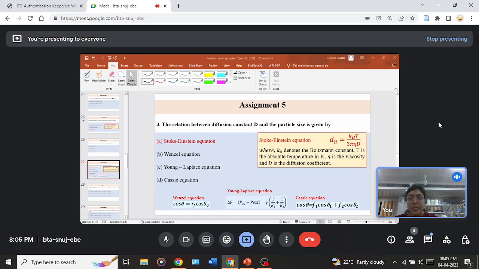Option B, that is Wenzel equation. If you go through the week 3 course content and revise it, you will find this particular equation, Wenzel equation. The Wenzel equation is given by cos theta is equal to Rf cos theta naught, in terms of wettability, and Rf is your roughness factor.